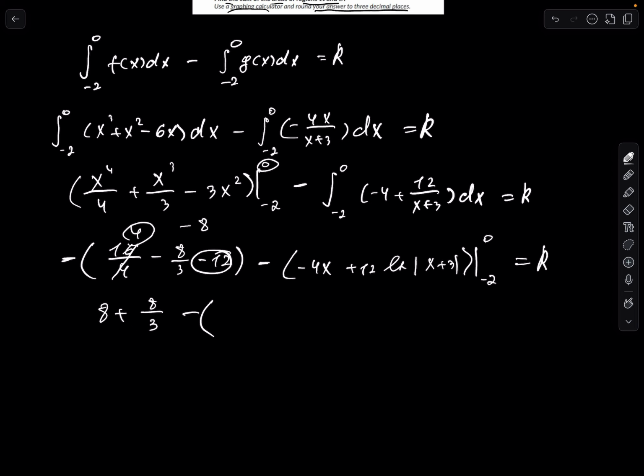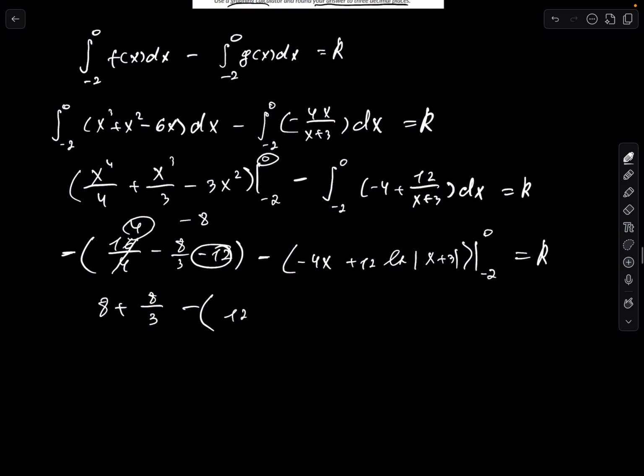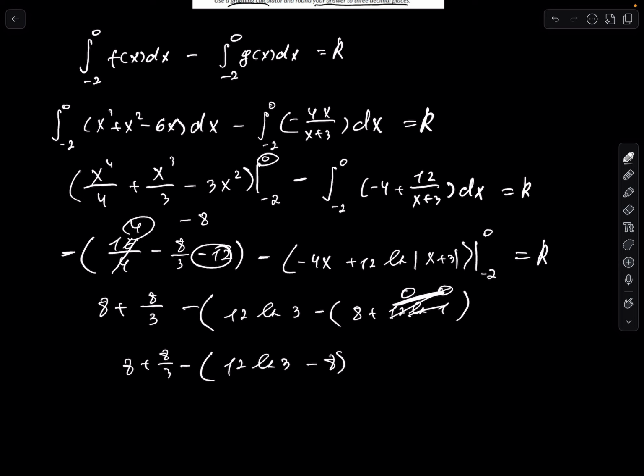So if we plug in 0, we get 0 plus 12 natural log of 3 minus the function evaluated at negative 2. Negative 4 times negative 2 is 8 plus 12 natural log of negative 2 plus 3, which is 1. The natural log of 1 is just 0. 12 times 0 is 0, so we get 8 on this side. 8 plus 8/3 minus 12 times natural log of 3, just minus 8, because here we got all zeros.